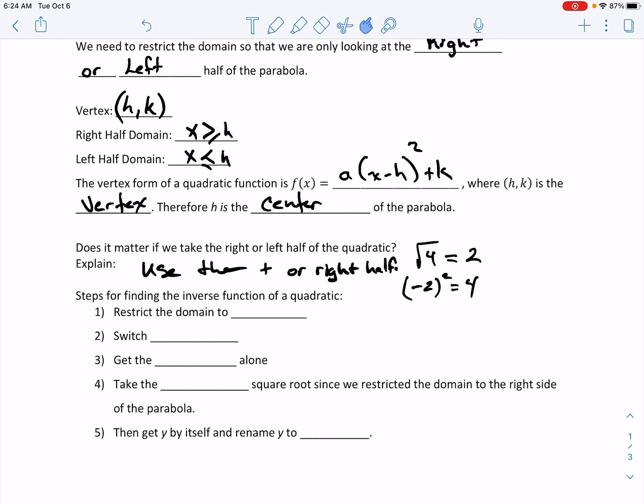Okay, so the steps for finding the inverse of a quadratic. First, we're going to restrict the domain to the right-hand half, just so we always do it the same way. So all x values will be greater than or equal to h, whatever our h value is. That'll be the restriction. We're going to switch our x's and y's.